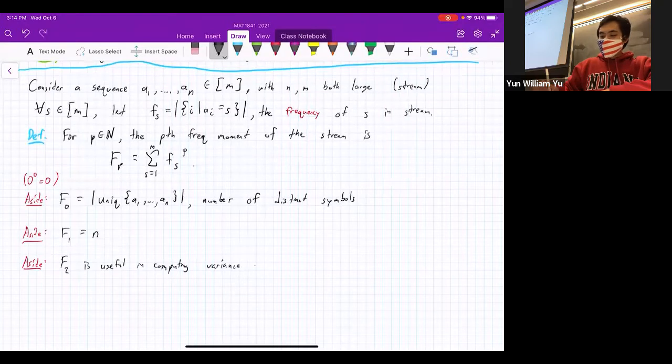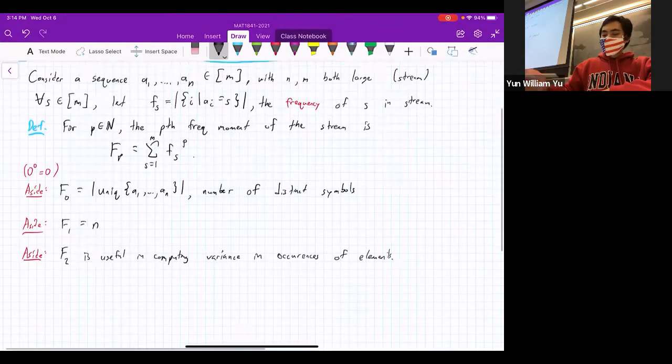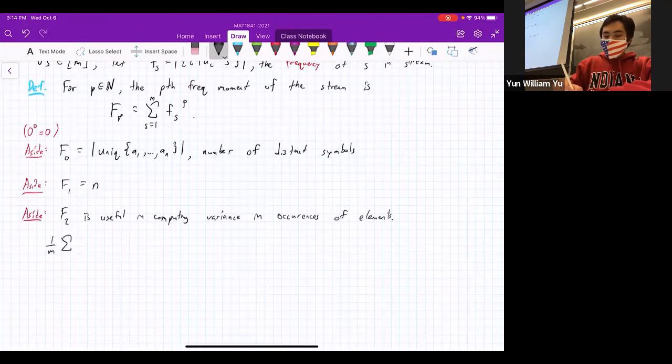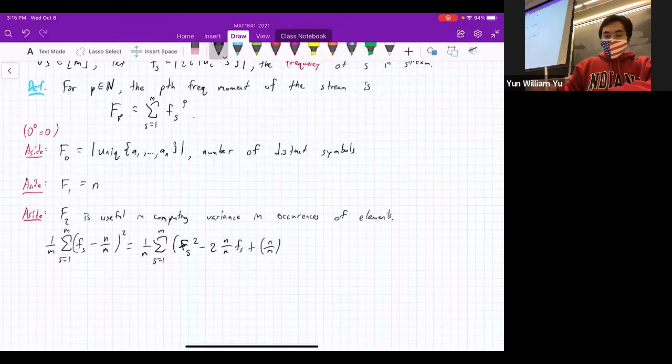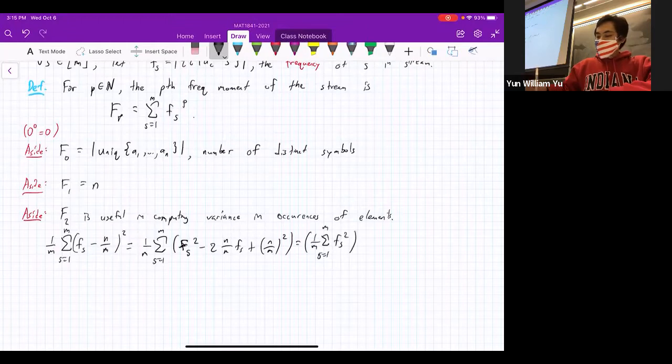And by variance here, I mean variance in occurrences of elements. So note that 1 over M times the sum from s equal 1 to M of (f_s minus N over M), if we square that, is just going to be 1 over M times the sum from s equal 1 to M of f_s squared minus 2 times N over M f_s plus (N over M) squared, which is equal to 1 over M times the sum from s equal 1 to M of f_s squared minus 2N over M squared times the sum from s equal 1 to M of f_s.